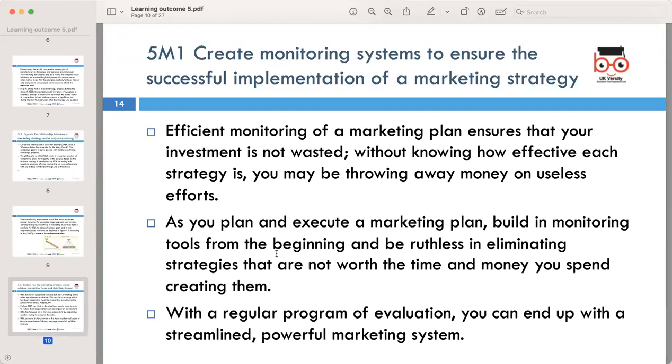Regular evaluation and a commitment to eliminating or optimizing strategies that don't provide a return on investment are important for building a streamlined and powerful marketing system. Monitoring ensures that your resources are used efficiently and that your marketing efforts align with your strategic goals.